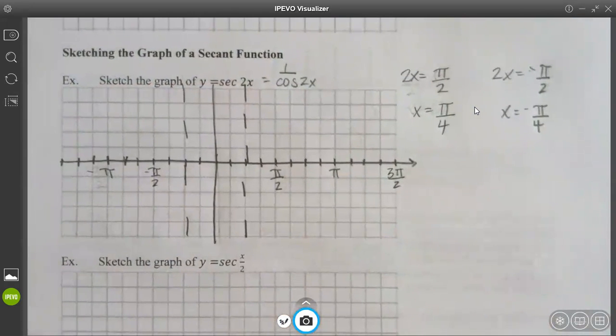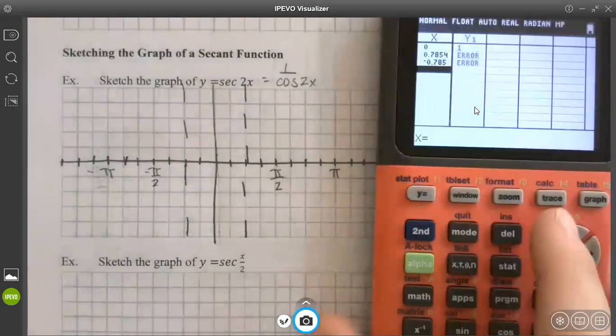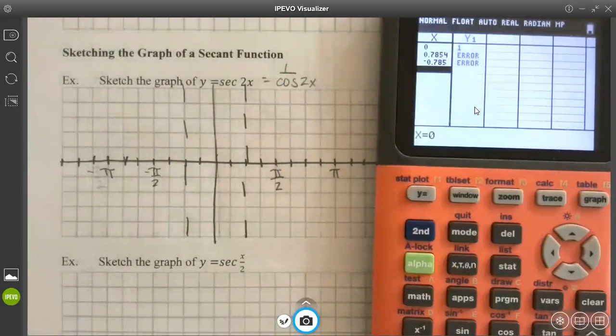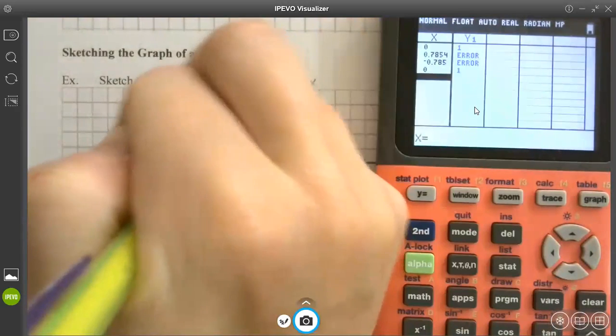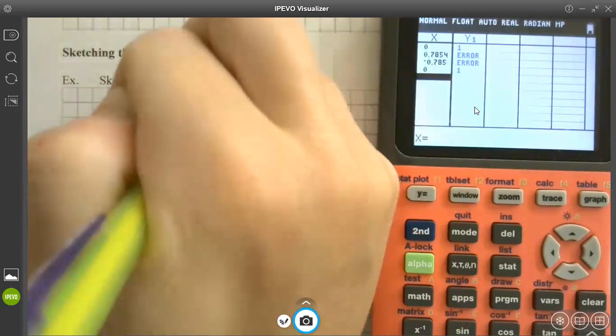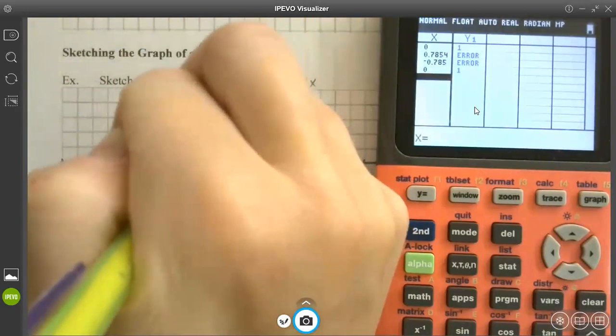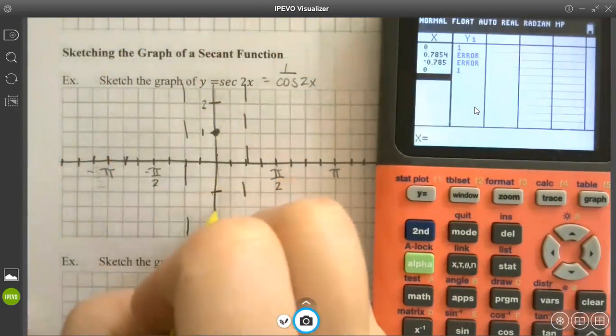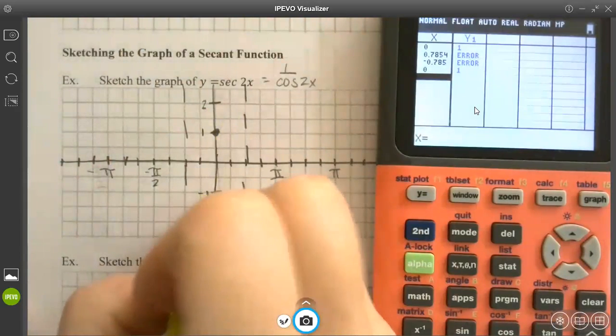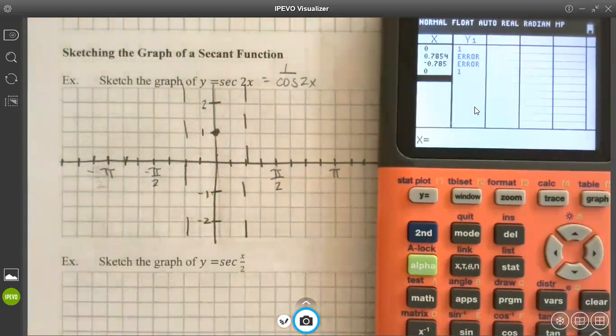All right. What should I pick now? Not necessarily that the x-intercept is 0. What happens at 0? At 0, it's 1, right? Okay. What other thing can I plug in?